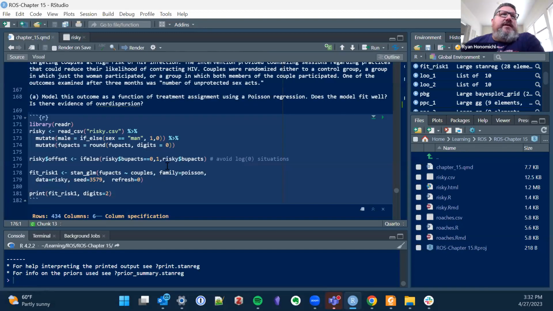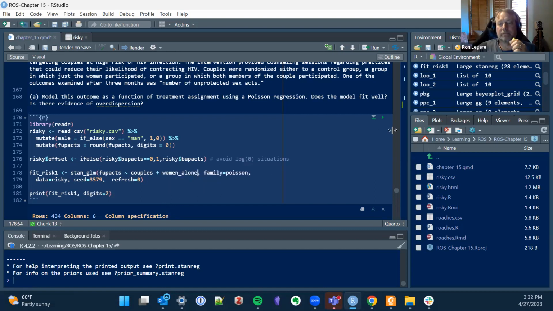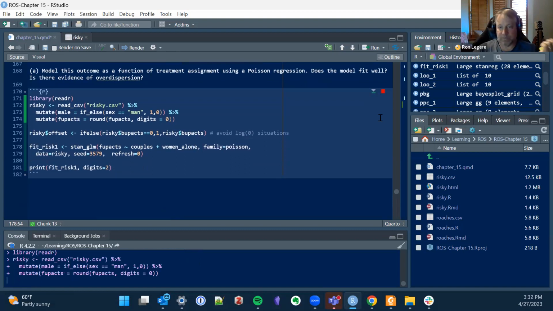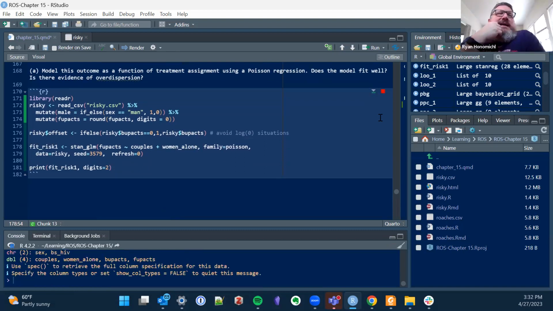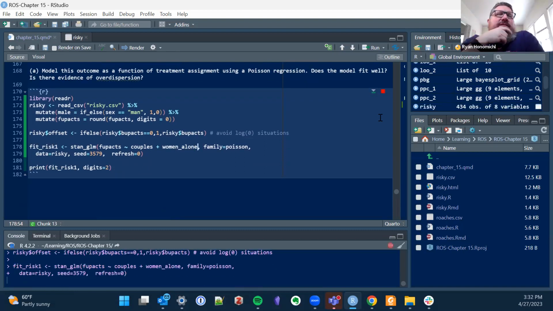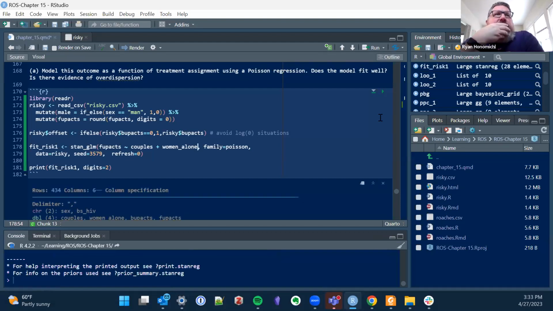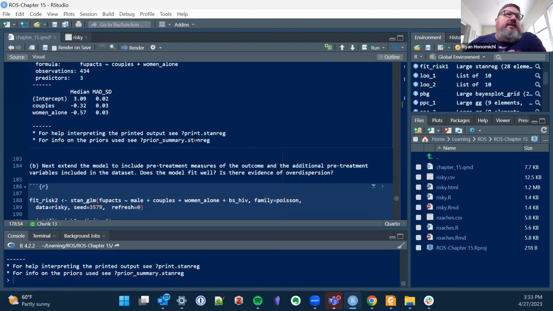So I have to include women alone as a variable then. Okay, I'm glad we figured that out. Those are two different kinds of treatment, the way I look at it. I agree with you though, it's confusing.